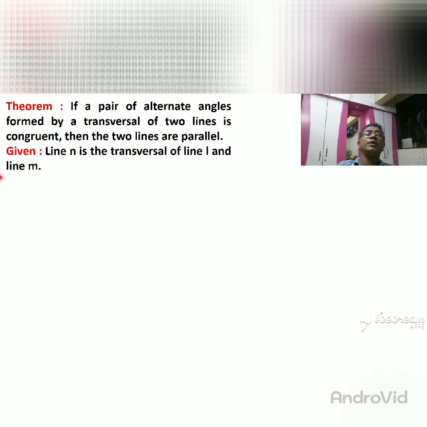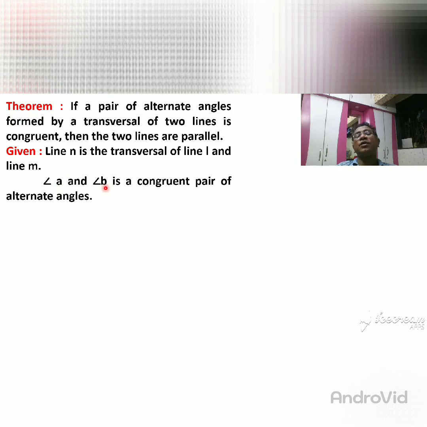Given: line N is the transversal of lines L and M, and angle A and angle B are congruent pairs. Which types of angles are they? They are alternate angles. So when you write the theorem, you write what is given to you.